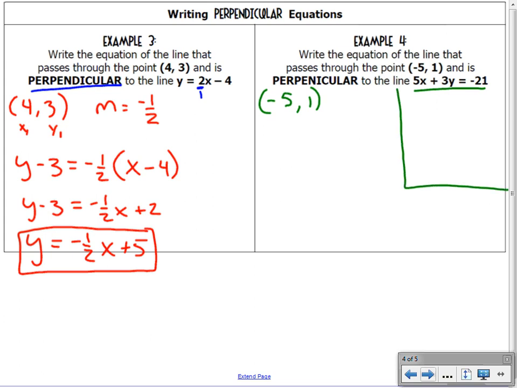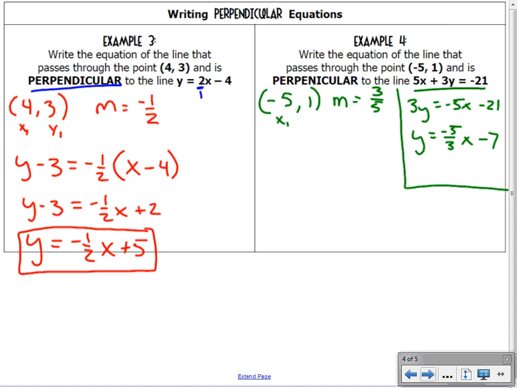We subtract 5x from both sides. So I can see that the slope of my given equation is negative 5/3, so I need to use an opposite reciprocal slope of positive 3/5. So now I have everything I need to know.